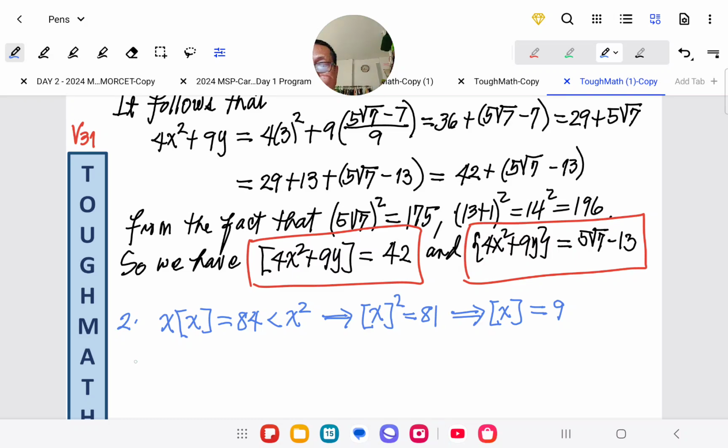And therefore x is equal to 84 over the greatest integer value of x, which is 84 over 9, and this is equal to 9 plus 1/3.